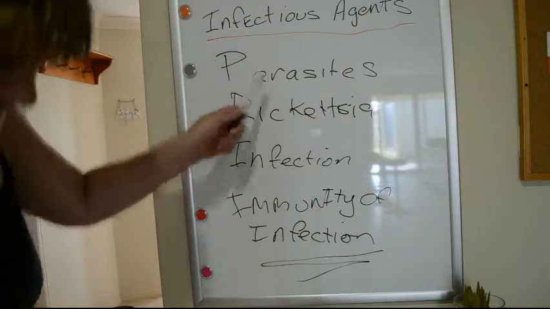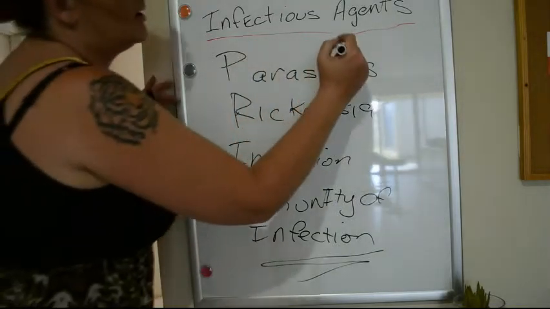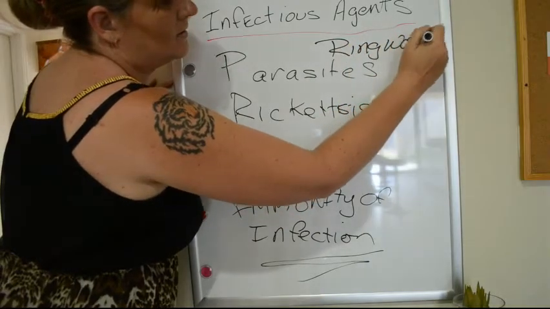So the first one is parasites. They are multi-celled animals or vegetable organisms. They live off living matter without providing any benefit to the host. An example of a vegetable parasite infection is a ringworm.